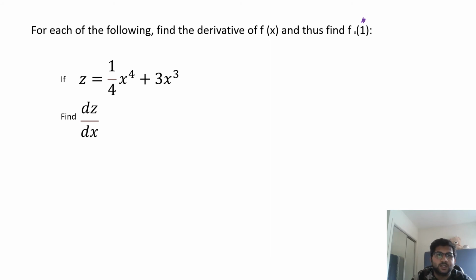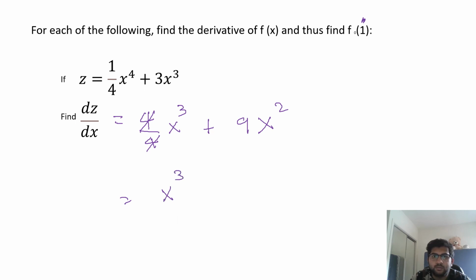Let's do this. So dy/dx is equal to, take the power to the front, so it's going to be 4 over 4 and minus 1 from the power, plus take the power to the front, so 3 times 3 is 9 and x to the power squared. So 4 over 4 is 1, so x cubed plus 9x squared.